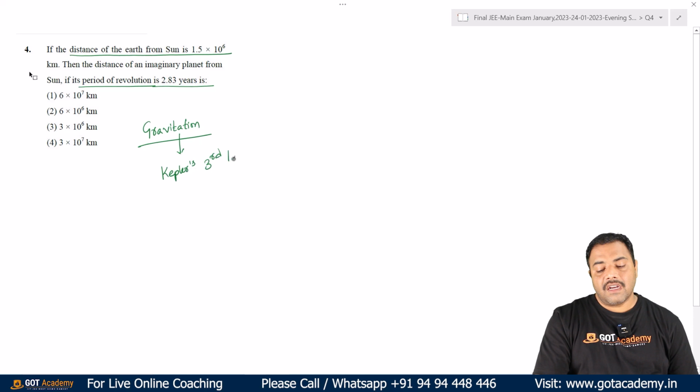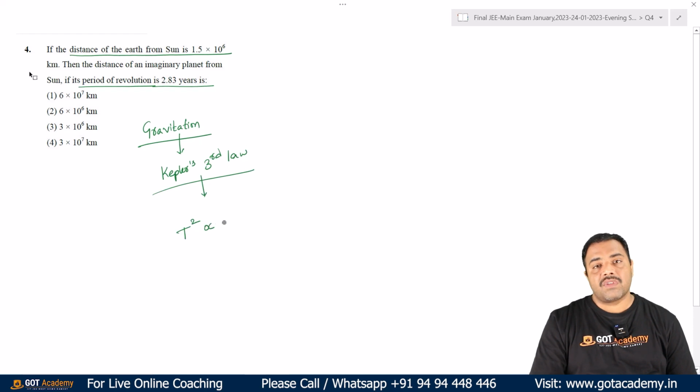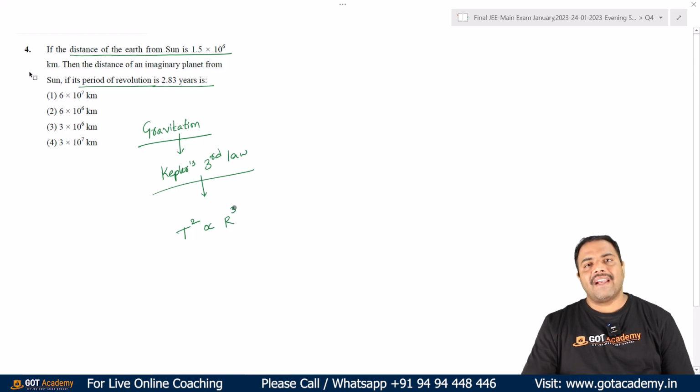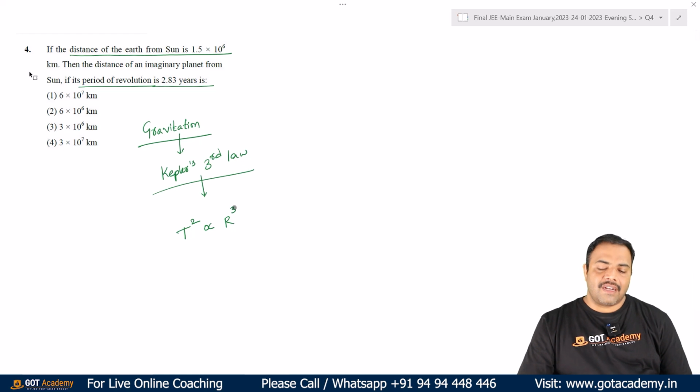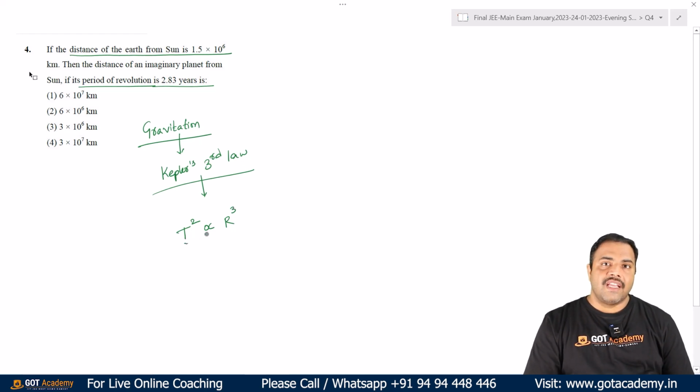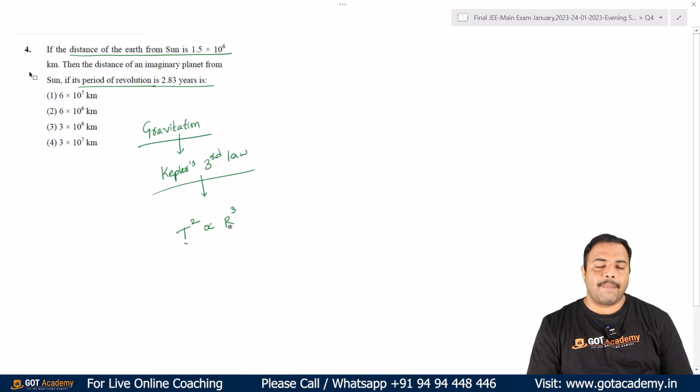Kepler's third law tells that the square of the time period is proportional to the cube of the mean distance between the planet and the sun. What Kepler says is that the square of the time period, that is T, is proportional to the cube of the mean distance between sun and the planet.